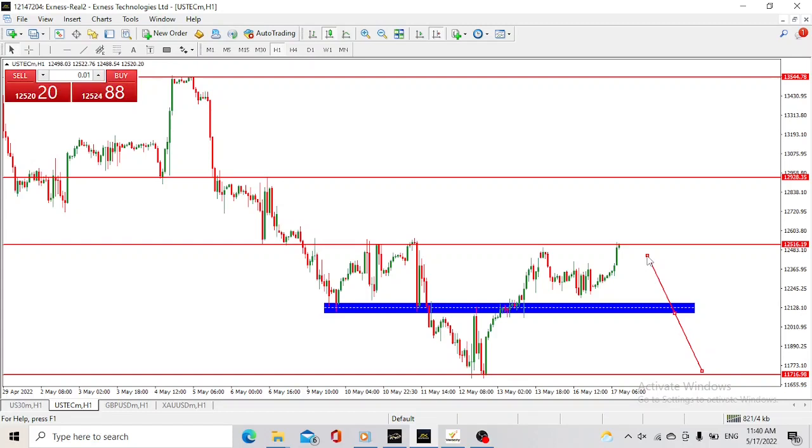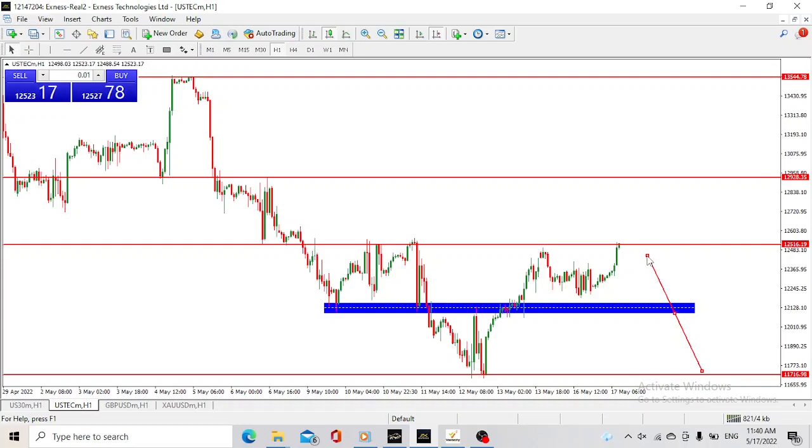Usually you want more confirmation, so that when you say the market is going to go to the downside, you have more confirmation. Do not look for one, at least look for three or more confirmations that say this could be a reversal, double top, or head and shoulder to continue to the downside.